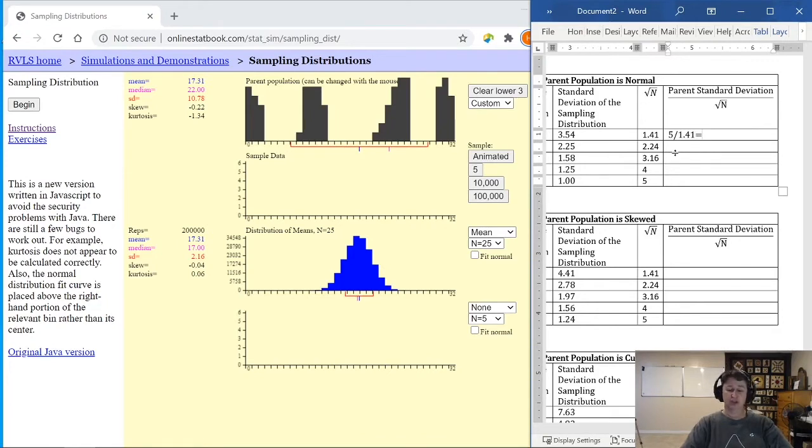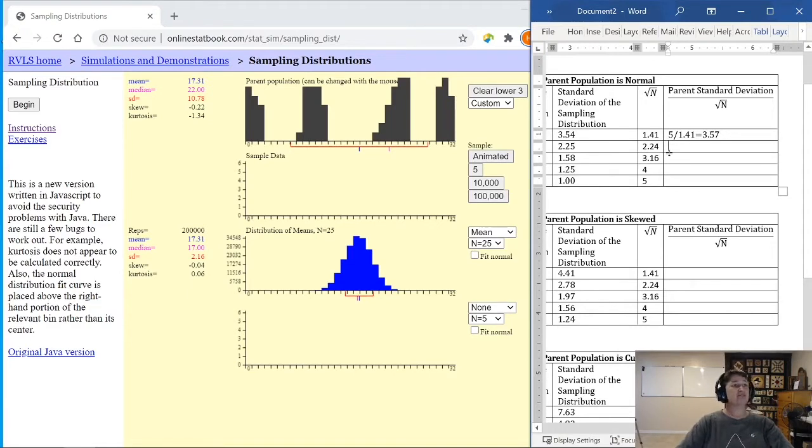You can do this at home too. Just take out your calculator and do 5 divided by 1.41 and see what you get. I got 3.57. I'm going to do that for each one of these.